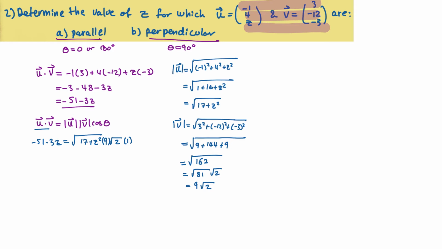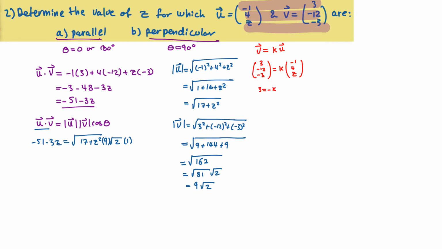So basically, to see if two vectors are parallel, all we have to do is look at it in terms of v is equal to some scalar multiplication of vector u. So vector v here is 3, negative 12, negative 3, and that equals k multiplied by negative 1, 4, z, that's vector u. For the x components, 3 is equal to negative k.